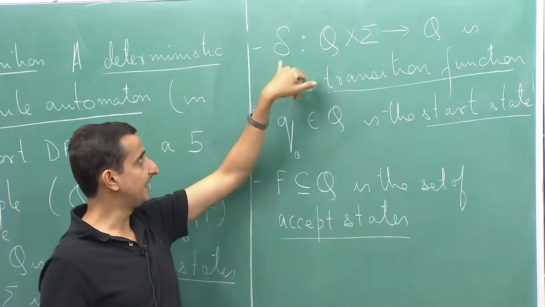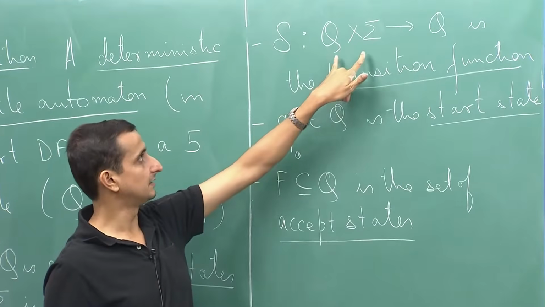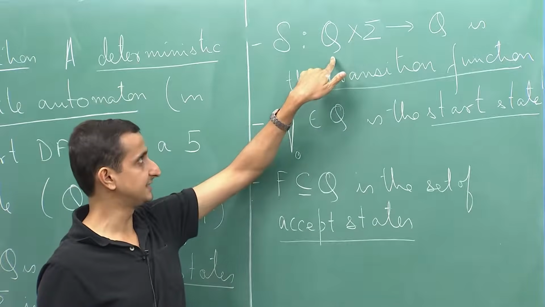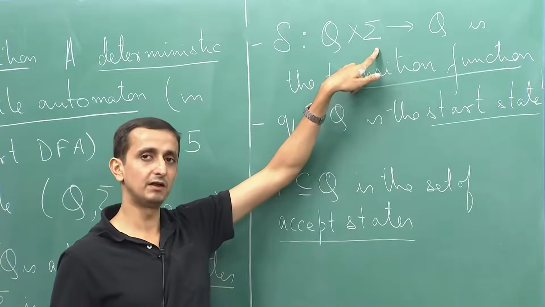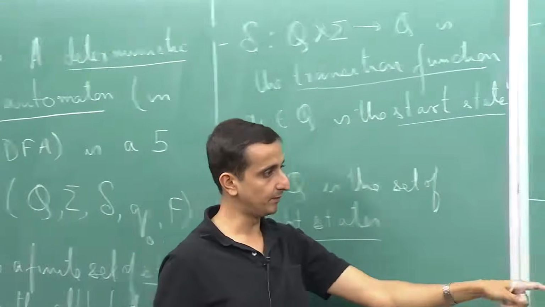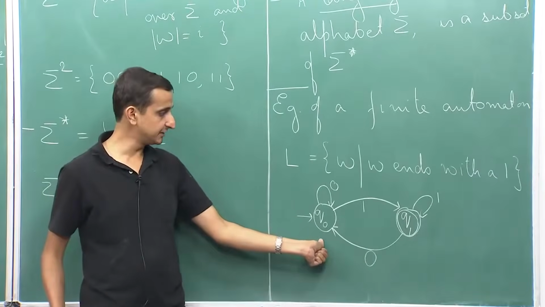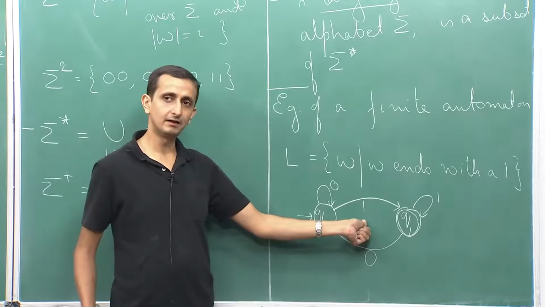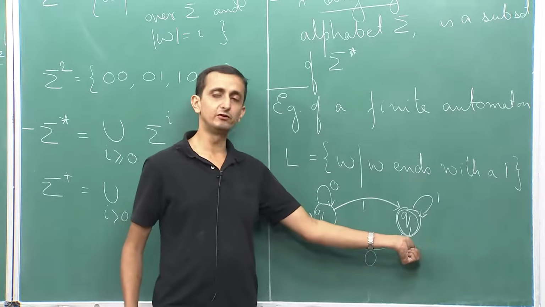What delta takes as input is a tuple consisting of a state and an input symbol, and it goes to another state. Okay. So let's look at this example. Suppose I give the state Q0 and the symbol 1, then it maps Q0 comma 1 to the state Q1.